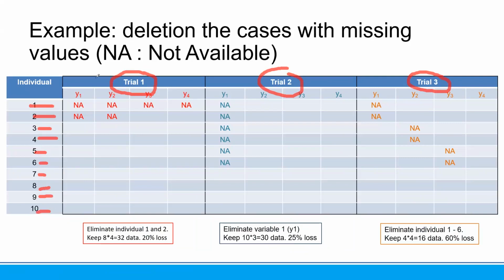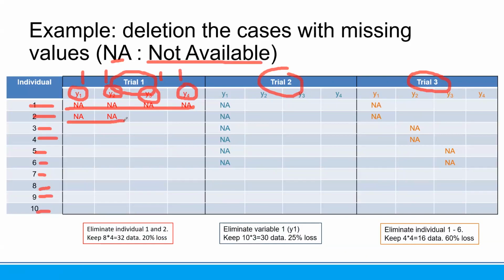In trial 1, we have 4 attributes, y1, y2, y3, y4. Among those 4 attributes, this attribute is NA. NA means not available, so it is missing. And then 2 attributes here are missing.